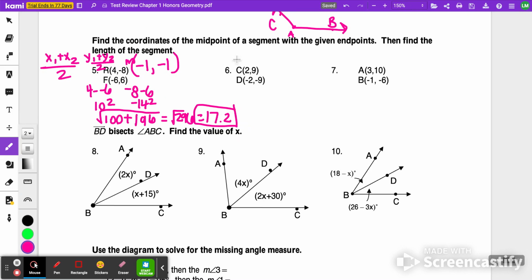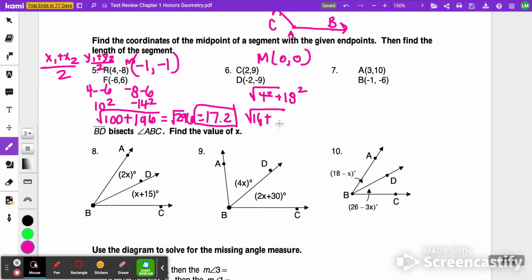For this next one, again, we want to find the midpoint, so we're adding our x's together, dividing by 2, that'd be 0, and then the same thing for the y. Yes, they're equal to 0 when you add them, and just divide by 2 still gives you 0. And then to find the distance of those, 2 minus -2, that is 4 squared, plus 9 minus -9, that's 18 squared.